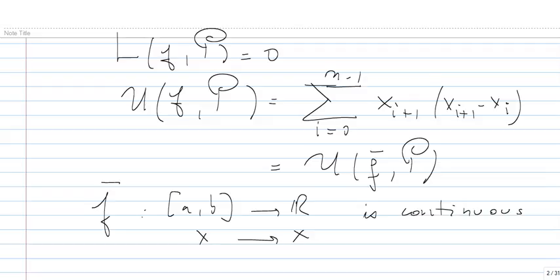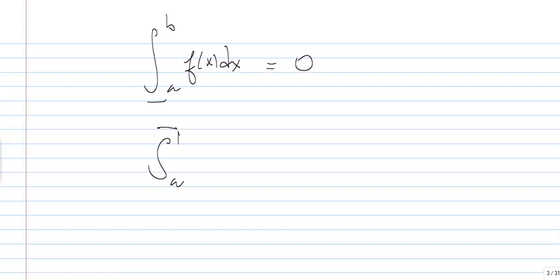The upper integral of f bar is going to be exactly the integral of f bar, which gives us two things. Number one, the lower integral of f is going to be equal to 0, while the upper integral of f is going to be equal to the upper integral of f bar(x) dx.